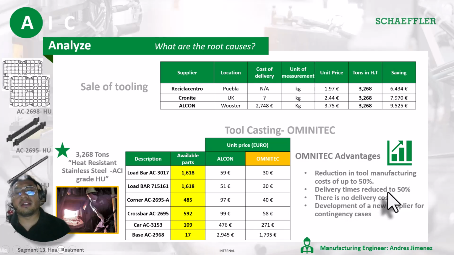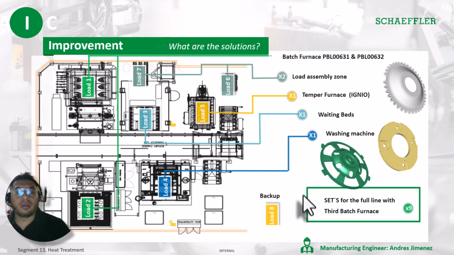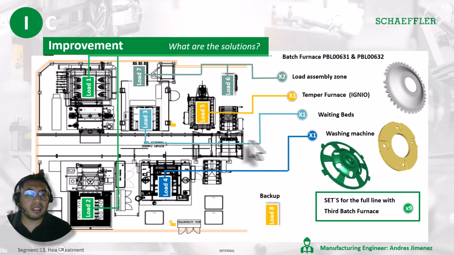Another advantage is the reduction in tooling cost. The delivery time was reduced by 50%, and we didn't find any delivery cost. And on the other hand, the development of a new supplier. This is the layout that we had at that moment, a representation of the machines that we had in the area.